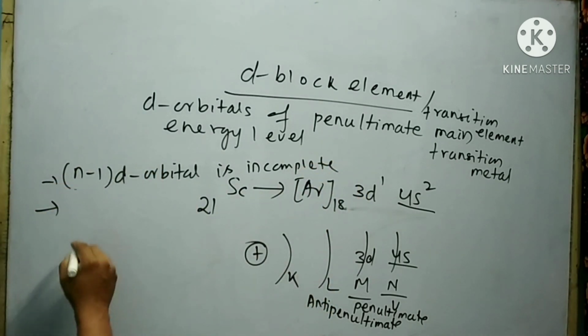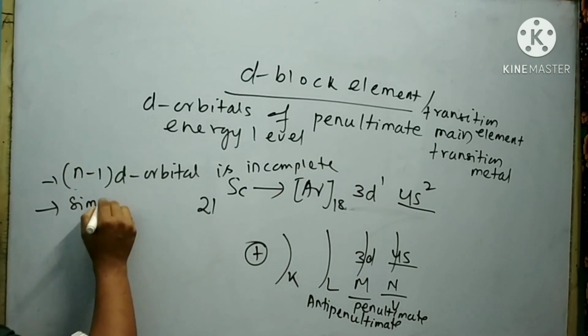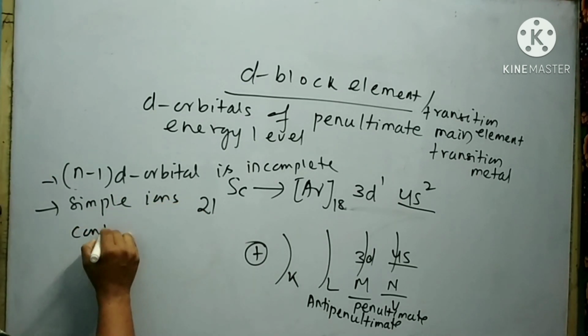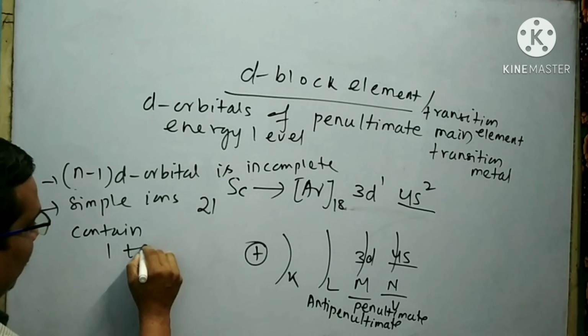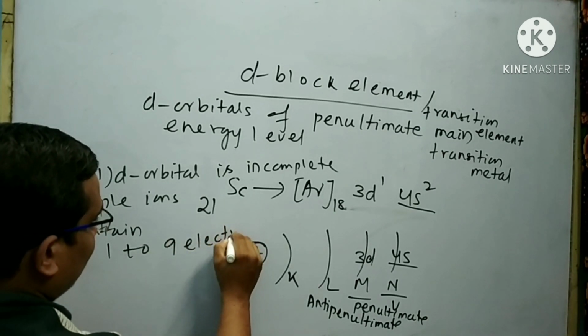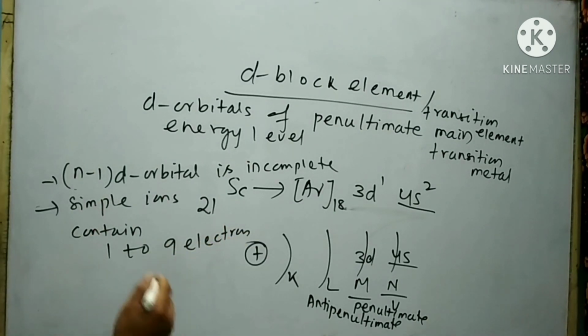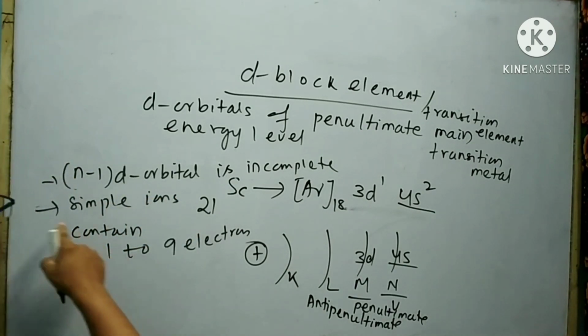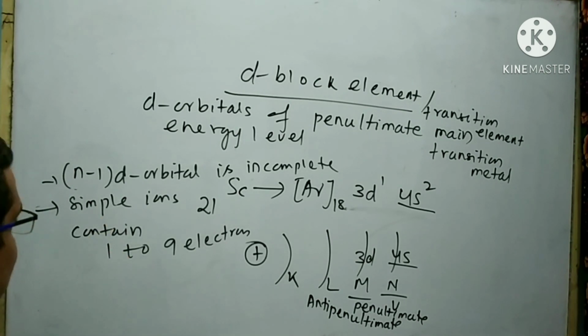The second point is that their simple ions contain 1 to 9 electrons. D block elements are those elements in which the (n-1)d orbital is incomplete and simple ions contain 1 to 9 electrons.